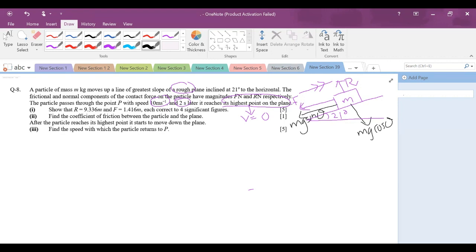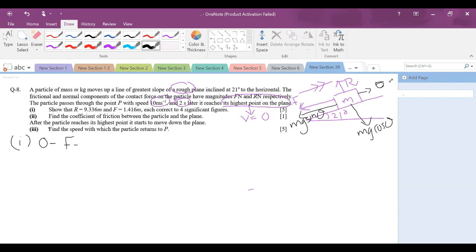Apparently, there's no forward force acting, so that's going to be 0. Okay, so I'm going to use the formula forward force minus backward force, which is F and mg sin theta.